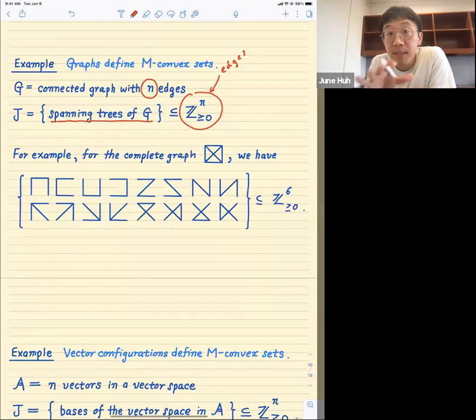So a spanning tree is a subset of edges. So every spanning tree, I'm going to think of it as a 0,1 vector: 1 if the edge is in the spanning tree, 0 if not.